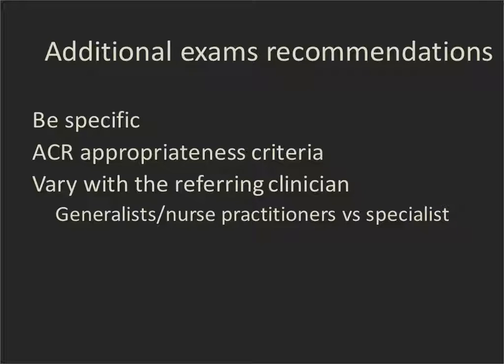You don't necessarily need to tell an orthopedic surgeon or a gynecologist specifically what to do, but if the referring physician was a nurse practitioner, some other mid-level provider, or a generalist, you might need to be a little bit more specific. So, for example, if I see something I think's a polyp in the uterus, I may suggest to a general practitioner that the patient's referred to a gynecologist and that a sonohistogram is considered, where I wouldn't obviously do that for a gynecological referral.